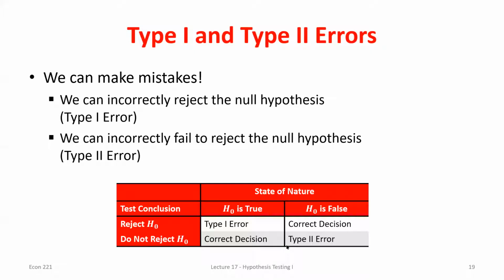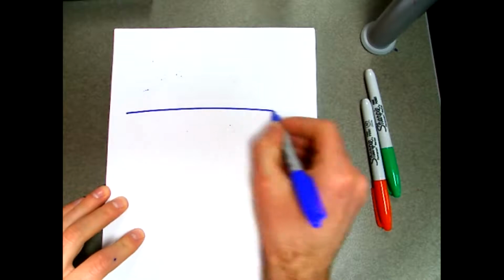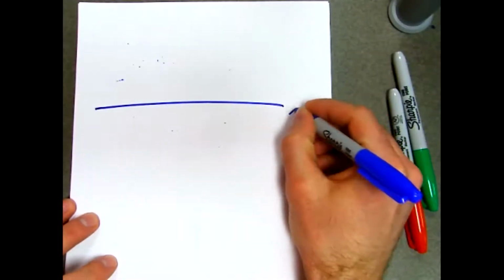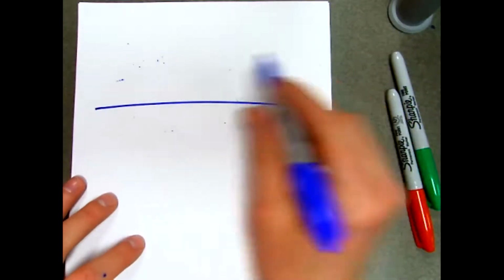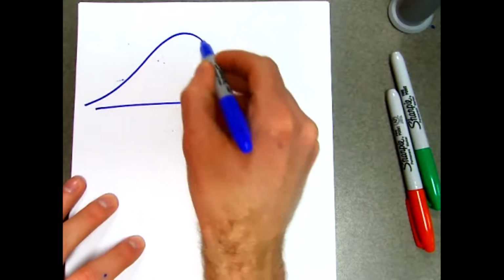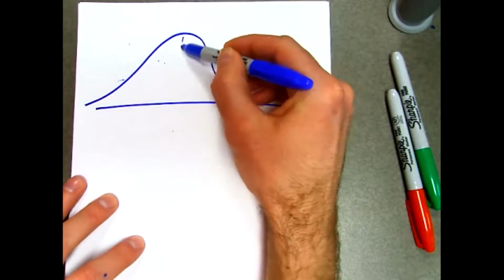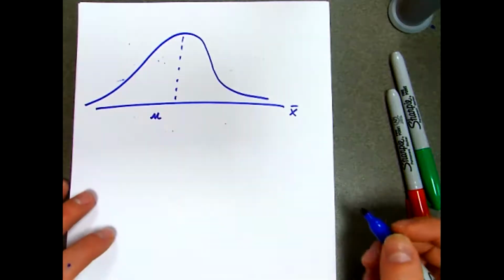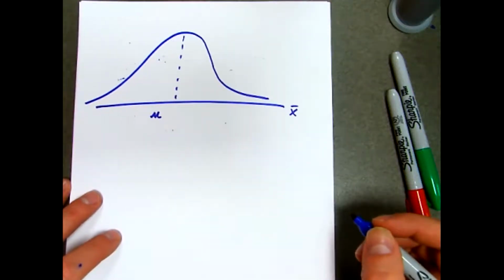Okay. So I'm going to give you a little bit of an idea about how we're making these errors, and then we'll keep moving. Let's think about the distribution of our sample means here. They should be normally distributed around whatever the population mean is, right?